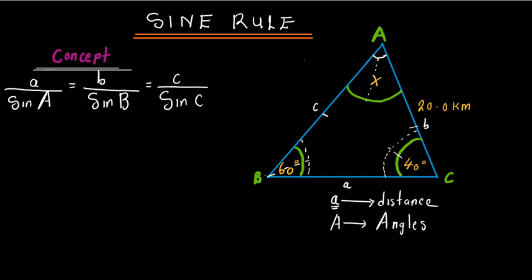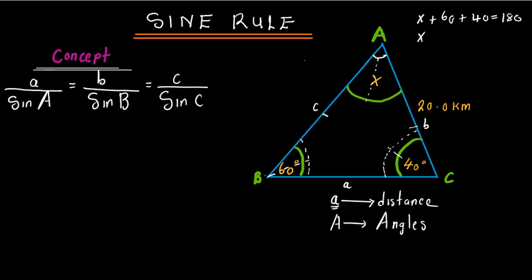It's very easy. The first thing to do is find x, and it will be easy for us to calculate everything. Now look at this. x plus 60 plus 40 is equal to 180.